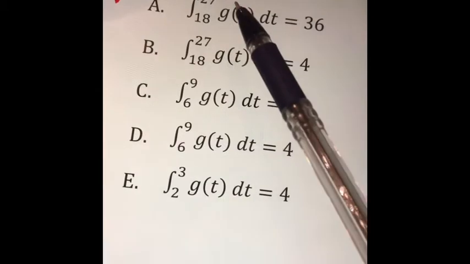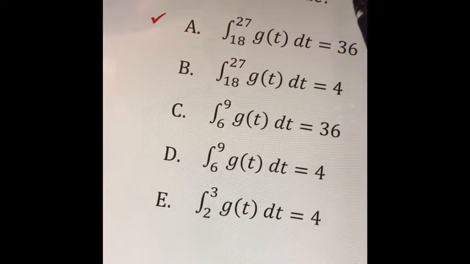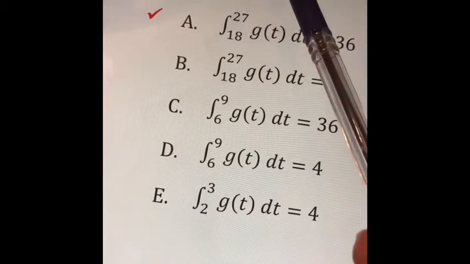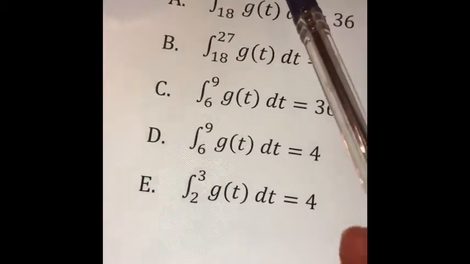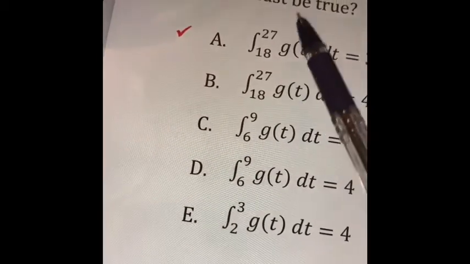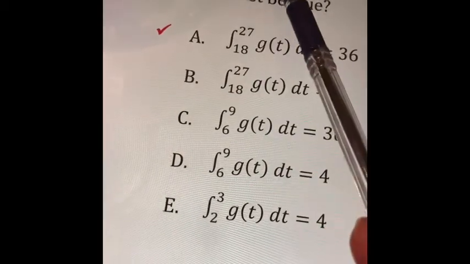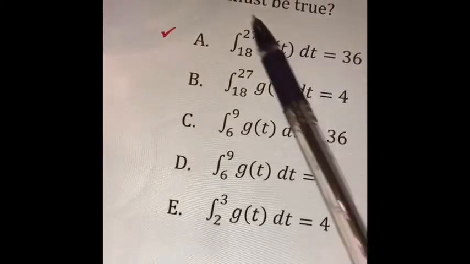And then we'll check for the second one, where we should substitute 12 in this place. So 3 times 12 is equal to 36, so that is correct. And the limit, when we substitute here 18, that's correct, and substitute the 9 here, 27. So choice A is the correct one.